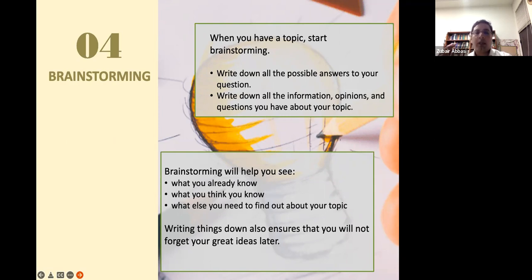Yeah, so brainstorming is really important, and always try to write it down. So writing it down always helps, because sometimes you may have some good idea, and then later you may forget about it. So as a research student, we are always encouraged to keep a journal, right? So keep a handbook, and if you come across an interesting idea, write it down.